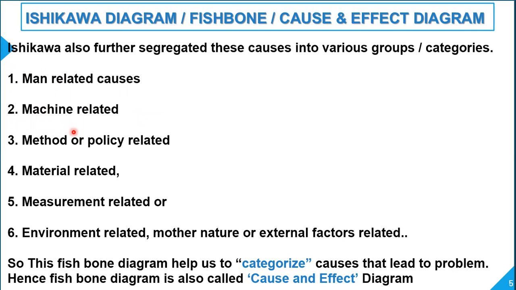Methods are the procedures which we follow. We have a certain process, step 1, step 2, step n, to formulate or develop a certain product. So are there any gaps in this particular method, or any issues or challenges within our methodology or procedures which ultimately lead to the problem?